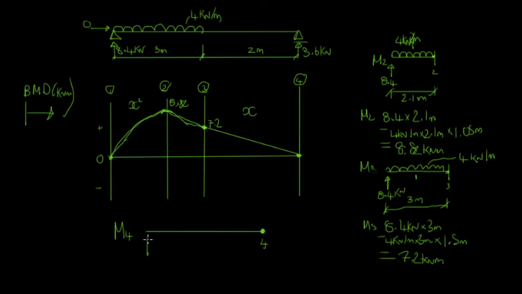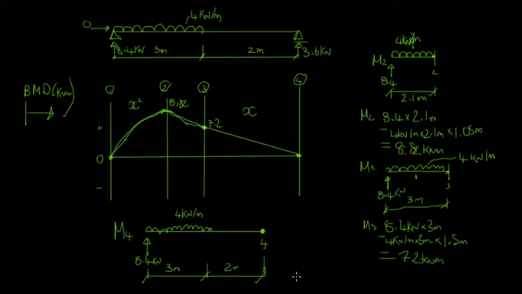We've got 8.4 kilonewtons pushing us up, and then we've got the 4 kilonewton per meter line load acting up to 3 meters along the beam. If we draw this out with some lengths, it's a fairly straight line. Well done. So that's 3 meters, that's 2 meters, and we want to equate this out.